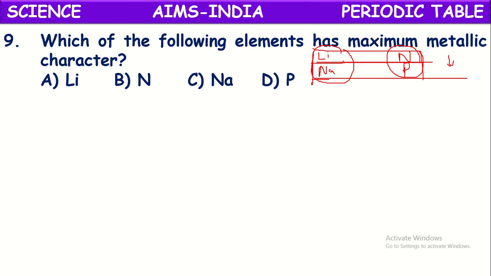So the one at the bottom will have greater metallic character. What is that? Sodium. So sodium is more metallic among these four. Okay, in that way we have to derive the relation between the elements, and hence we can identify which has the greater or lower property.